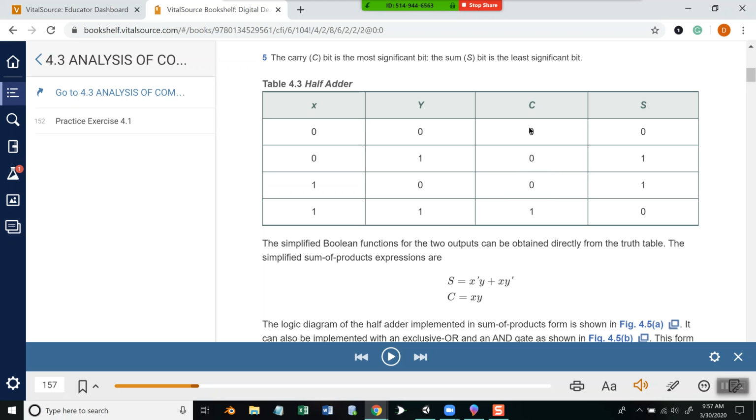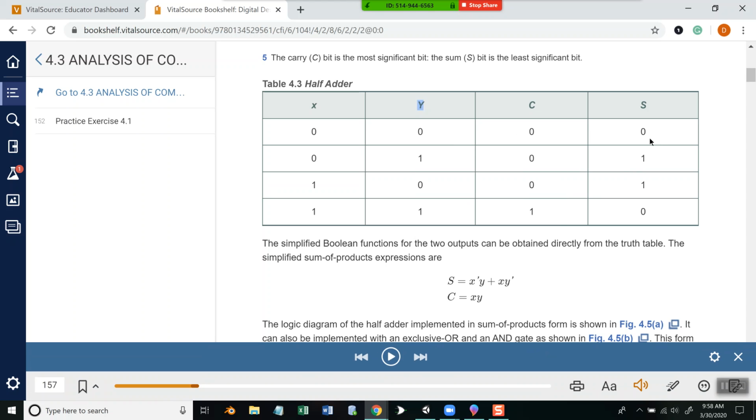Okay, I could see C. If they hadn't given that to me, I would have seen C, because 0 times 0 is 0, 0 times 1 is 0, 1 times 0 is 0, 1 times 1 is 1, so that's the AND. C is equal to X and Y. This should be a lowercase y, but okay.